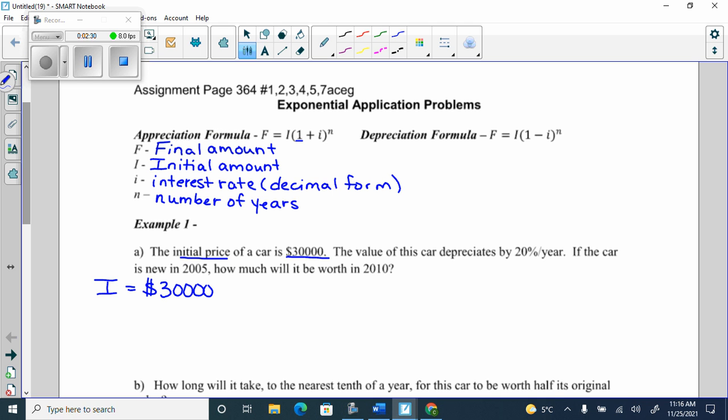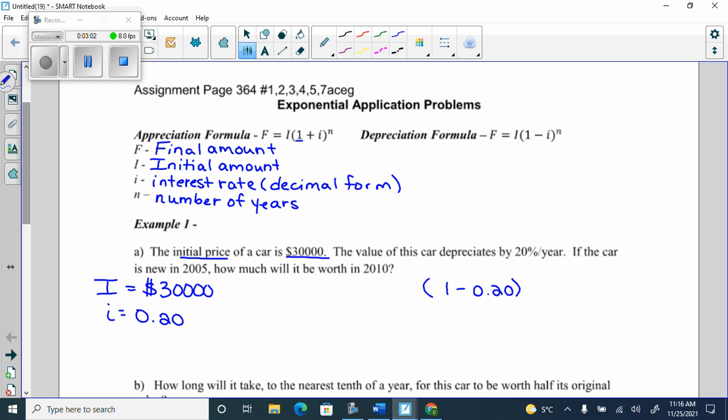Then it says the value of the car depreciates by 20%. So that's my interest rate, but it has to be in decimal form. So my interest is 0.20. In the bracket, we technically go 1 minus 0.20, correct? But we know that it should be 0.80 because you have 80% of it left, correct? Every single time. That's what that b value represents.